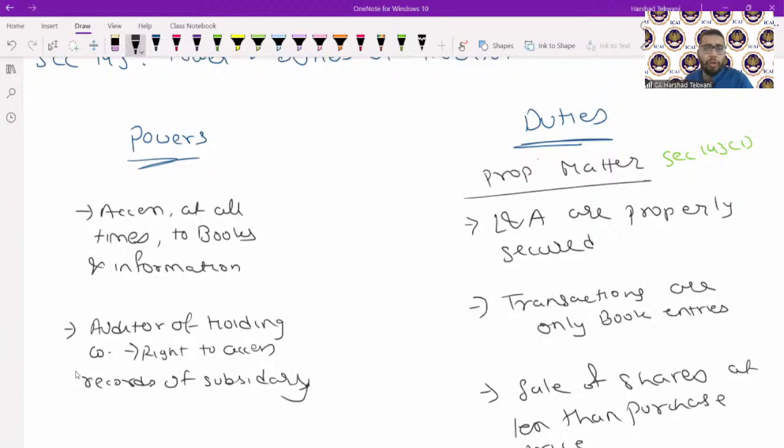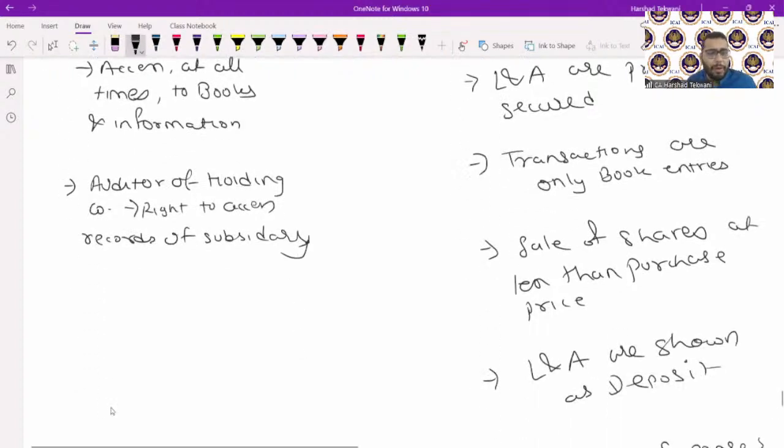Okay. So in case of a holding company, he will have a right to access the records of subsidiary and associate companies which are related to the consolidation of financial statements. Now, this can be only for the purpose of financial consolidation.